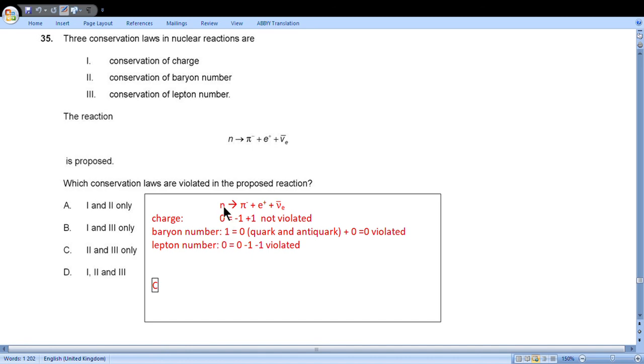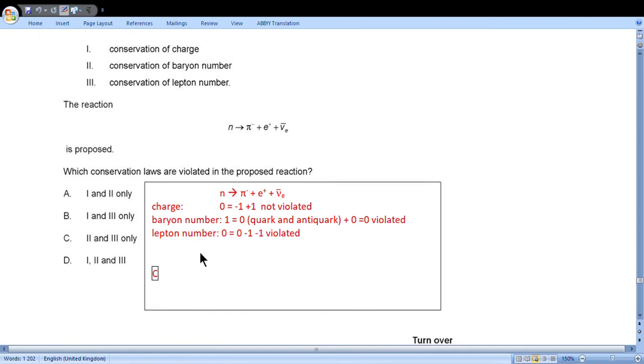Baryon number: a quark and antiquark, so not baryon, zero baryon, and the electron is not a baryon. Lepton number: 0, 0, so antiparticle minus 1, antiparticle minus 1, minus 2 is not equal to 0. So 2 and 3 are violated: baryon number and lepton number.